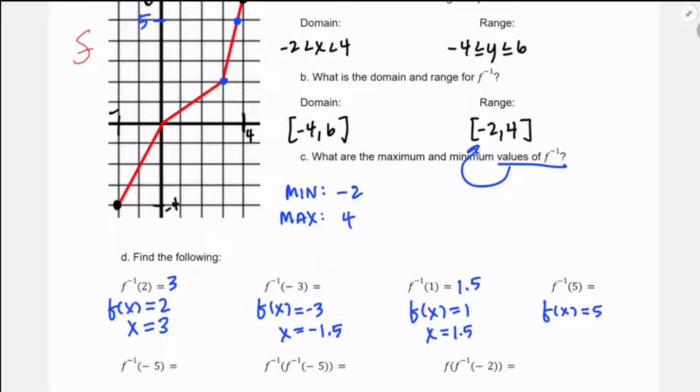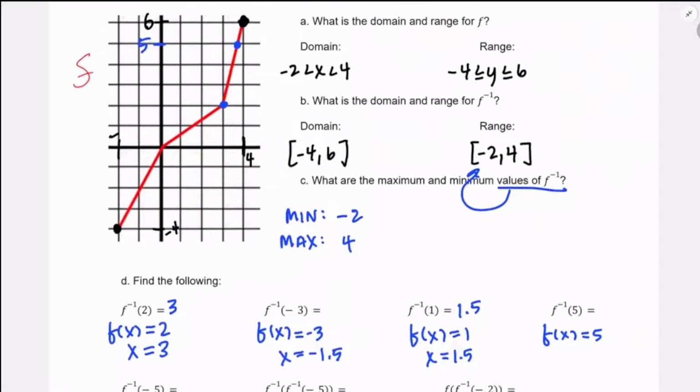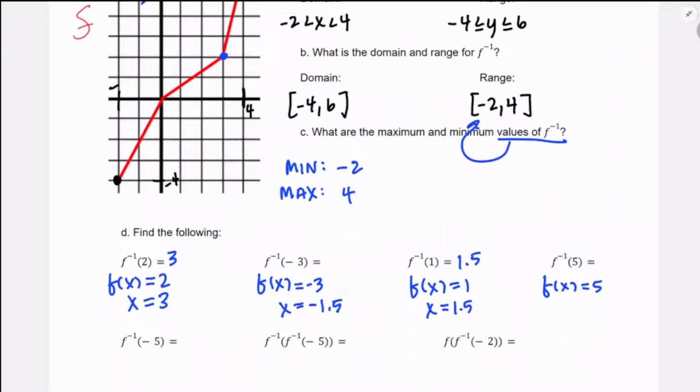Oh yeah, the slope is 4. You can't even really see that. But to go from the blue point to the higher black point at 4, 6, that's over 1, up 4. So it's a slope of 4. If I wanted to know how far I would need to go to get up by 3, that would be 3/4. So it's going to be 3 and 3/4.